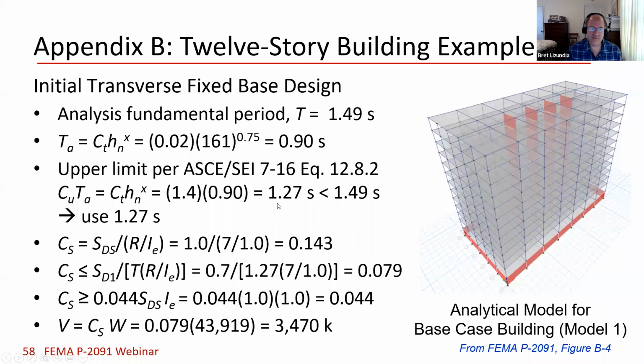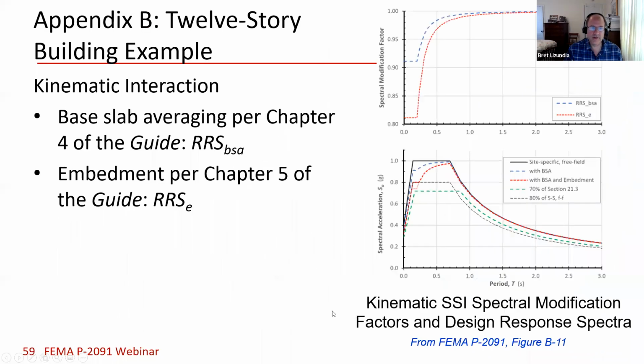This often happens exactly like this. So you actually only get to use the upper limit value here. That's the 1.27. Go through your design equations, discover that it's the velocity dominated equation that governs, 0.079. So we got about 3,500 kips of base shear to worry about.